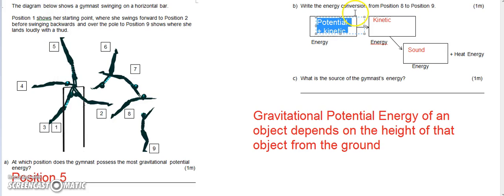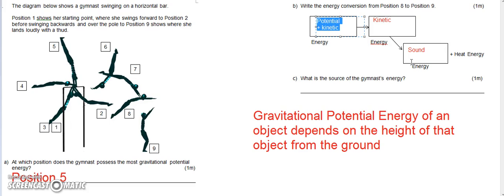On the website, tinyurl.com/ask Mr. Zaki. But this is my answer. So potential energy plus some kinetic energy is translated to even more kinetic energy as it falls to the ground.